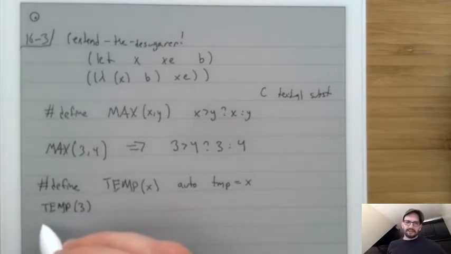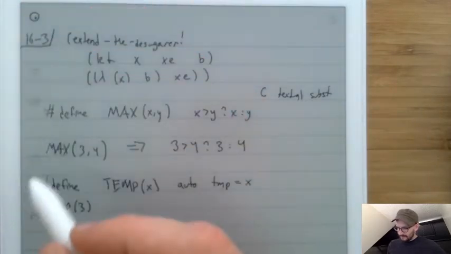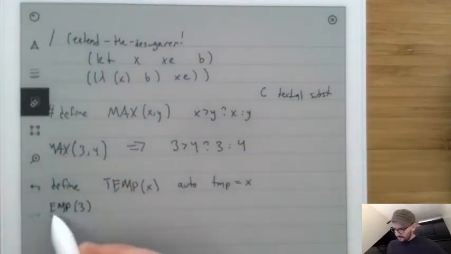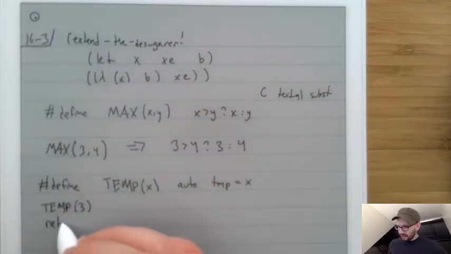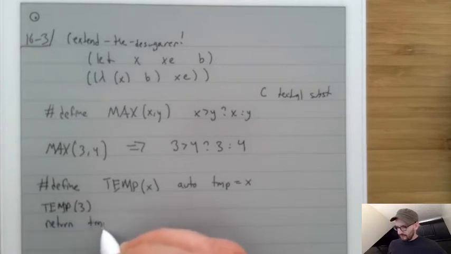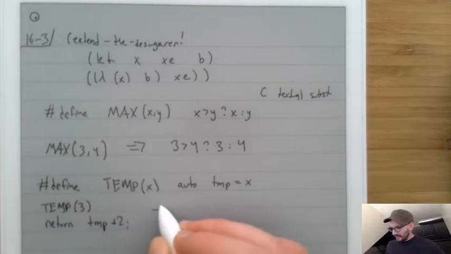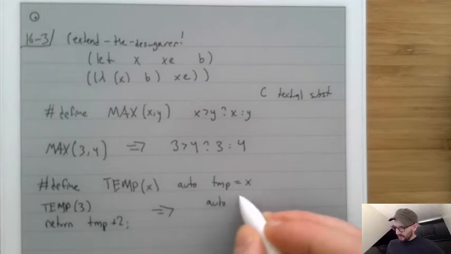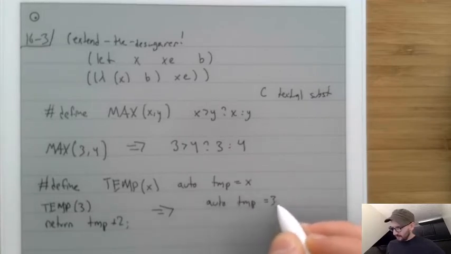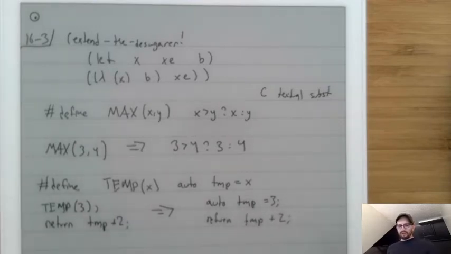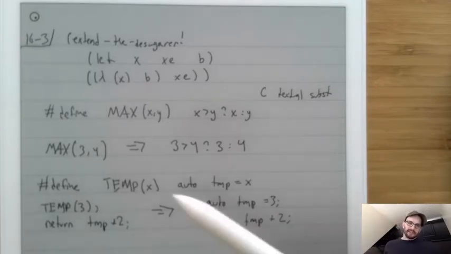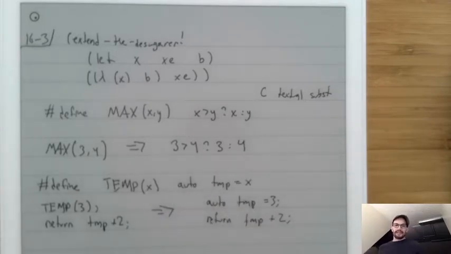Then I could write return temp plus 2, and then this gets turned into auto temp equals 3, return temp plus 2, and this program compiles perfectly fine because temp right here is allowed to introduce names.